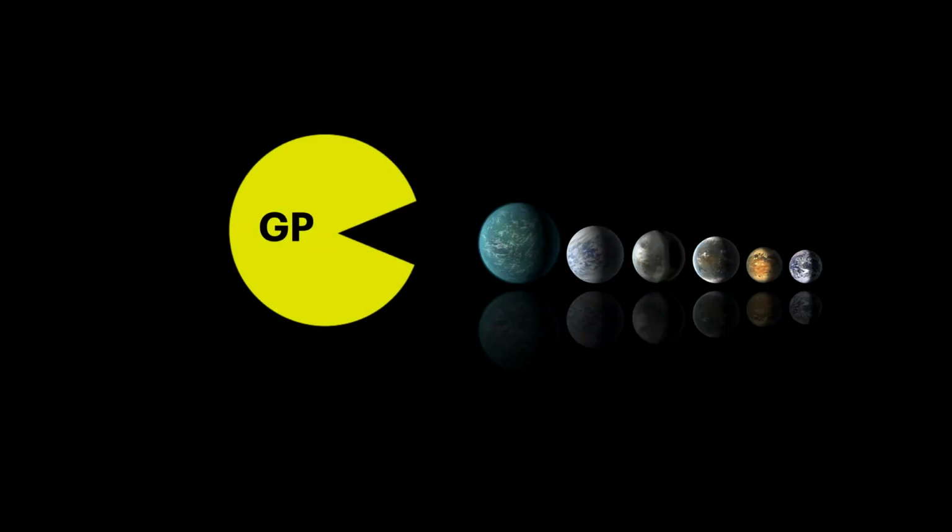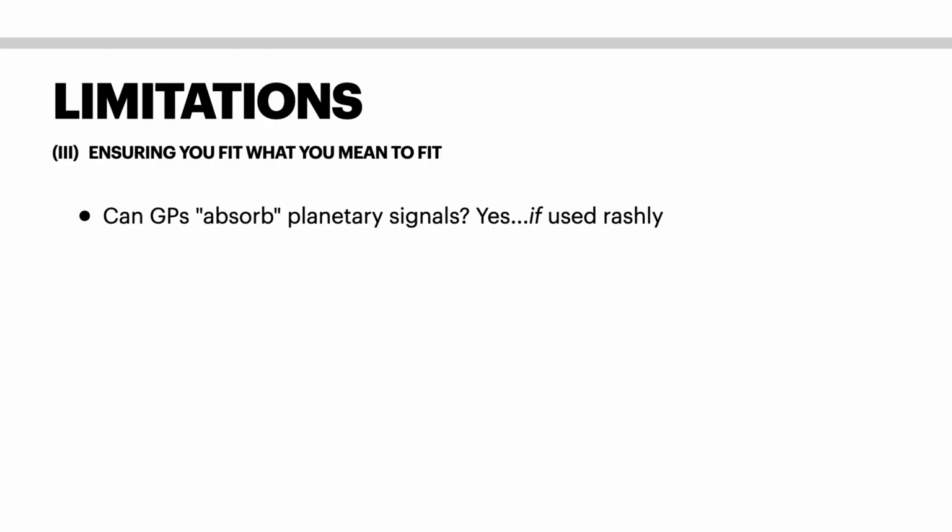A third issue is that if you're not careful, a GP might eat your planets, so to speak. This is something that people do worry about, especially those who are skeptical of GPs. It is actually quite hard to overfit with a GP, but that doesn't necessarily stop a GP from fitting the wrong signal, especially if you don't use it properly. There are a few solutions here. As already noted, you should always use sensible priors for your hyperparameters.